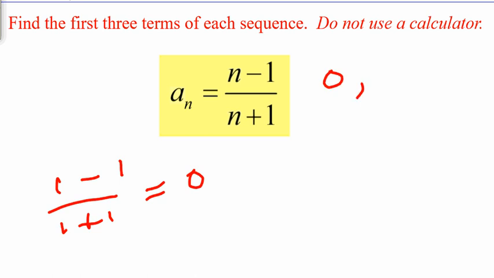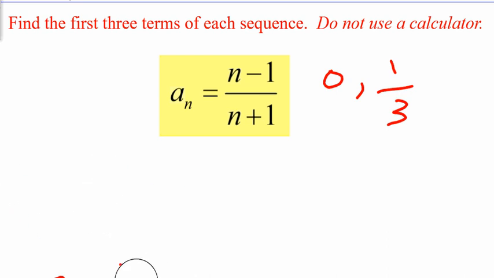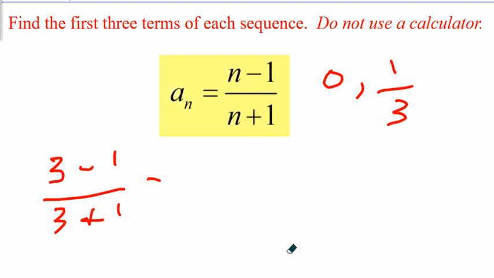When n is 2, we have 2 minus 1 over 2 plus 1. So that is 1 over 3, which is 1/3. And then let's try one more. When n is 3, we will do 3 minus 1 over 3 plus 1. And we're going to get 2/4, otherwise known as 1/2.